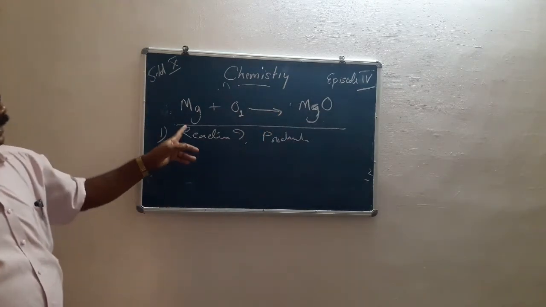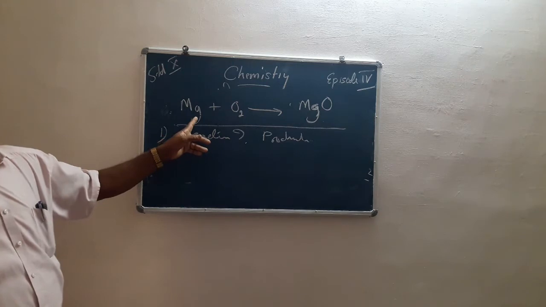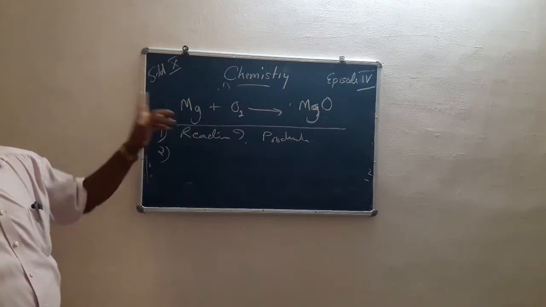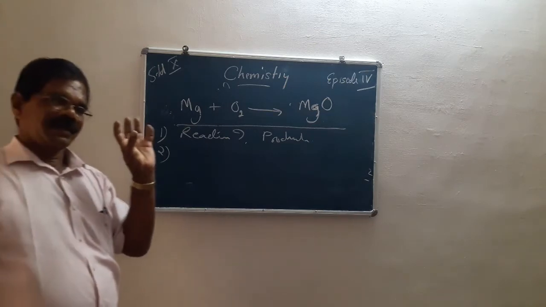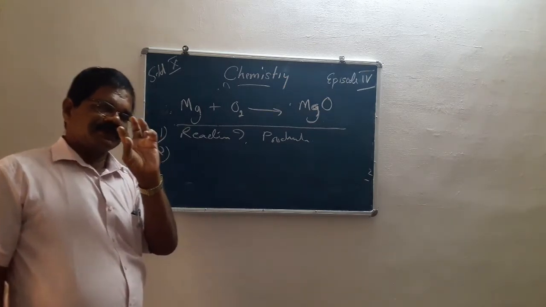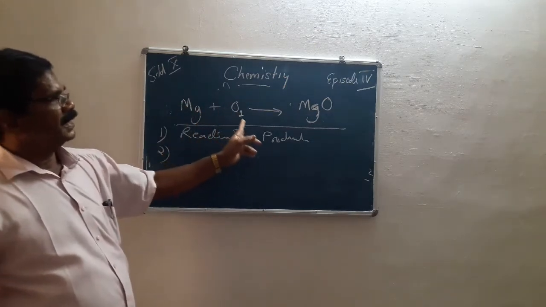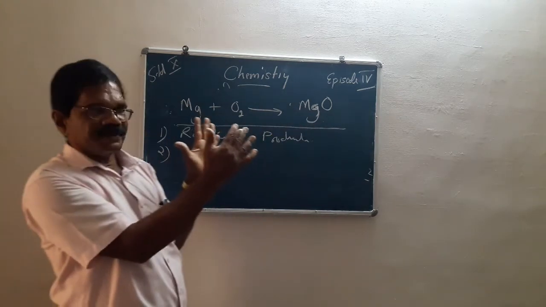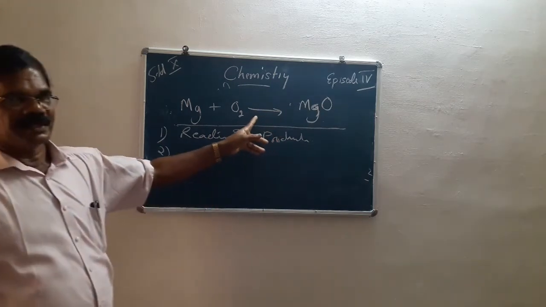For finding out combination and decomposition reactions, I give you a simple technique. Combination reaction means wedding: magnesium weds oxygen forming new magnesium oxide. Only one product, so it is a combination reaction.